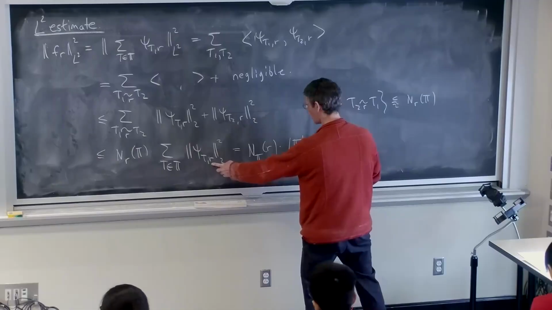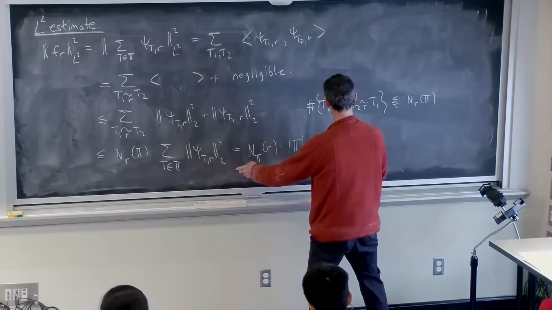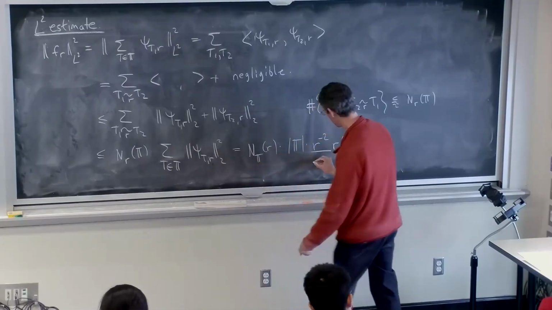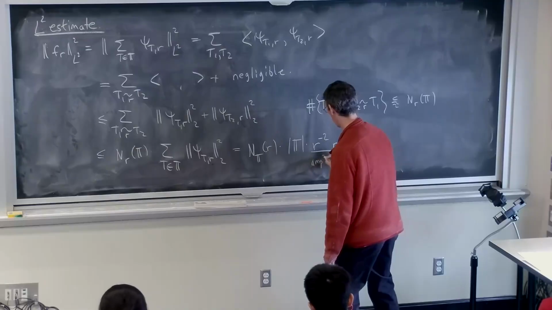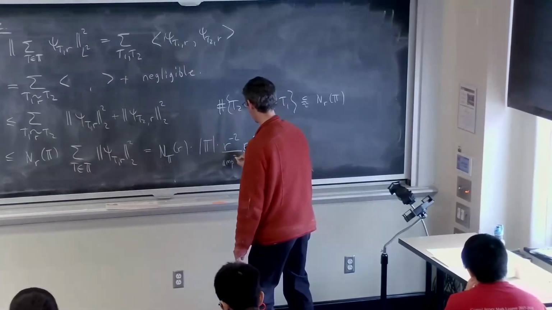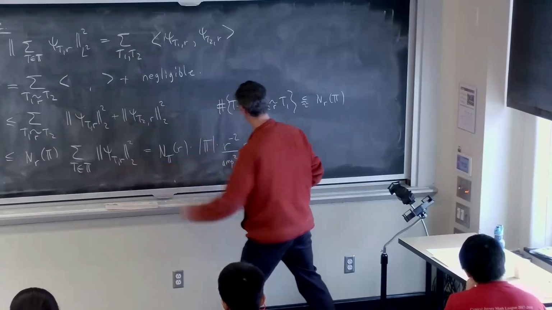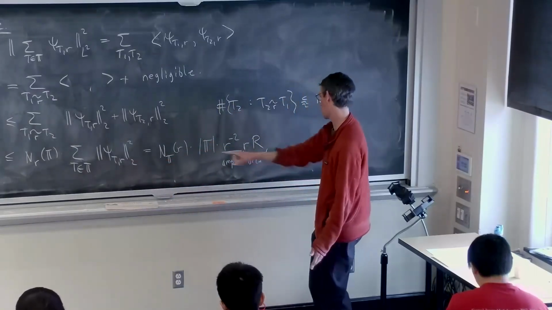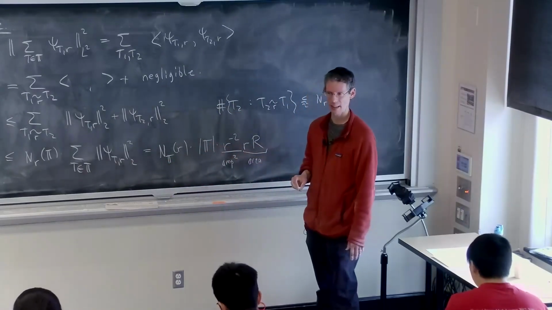So that's r to the minus 2, so this is the amplitude squared. And this is the area for this CTR. OK, and that was the thing that was on the right-hand side.